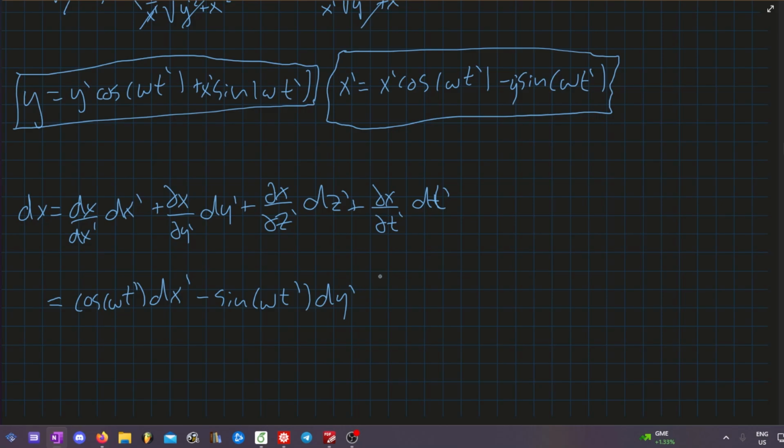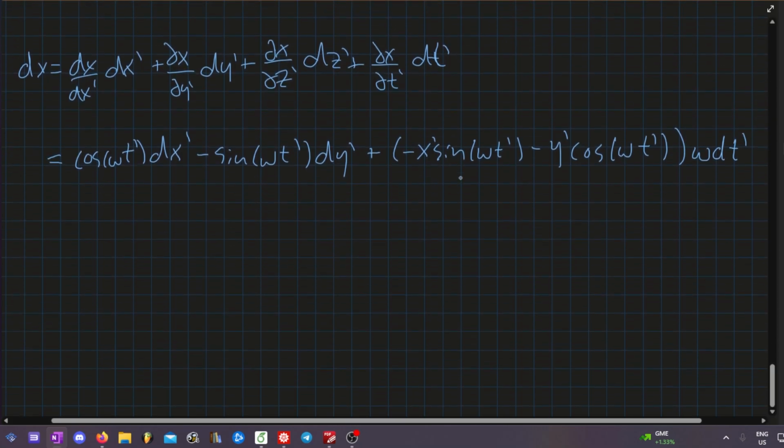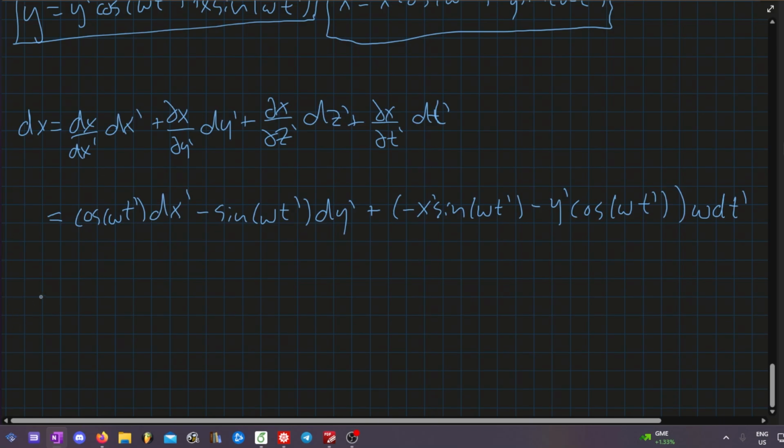So let's say plus minus x sine omega t prime minus y prime, this would be prime 2, cos omega t prime, and this whole term is going to have an omega, and then dt prime. And then dy we can calculate similarly.